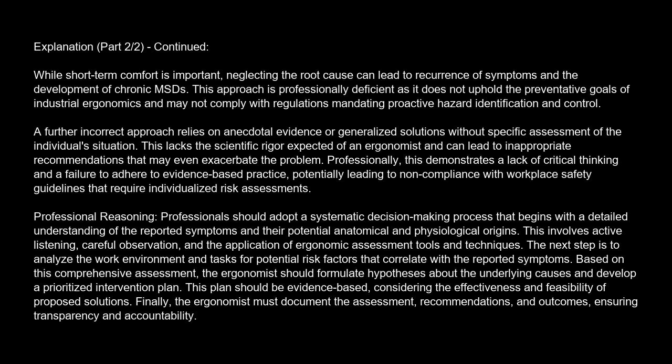Based on this comprehensive assessment, the ergonomist should formulate hypotheses about the underlying causes and develop a prioritized intervention plan. This plan should be evidence-based, considering the effectiveness and feasibility of proposed solutions. Finally, the ergonomist must document the assessment, recommendations, and outcomes, ensuring transparency and accountability.